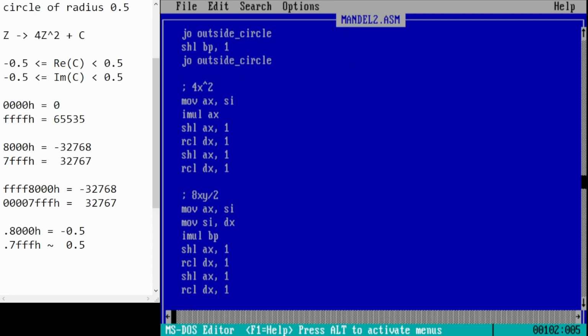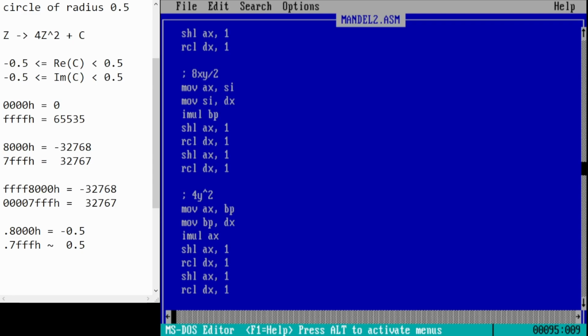And of course down below I do the same thing for 4 times the imaginary part squared, which the multiplication formula calls for. And the difference of those two values that I just computed there will give me the new real part of 4z squared. To get the imaginary part of 4z squared, I need to compute 8 times the real part times the imaginary part. So I do that in between just so the values don't get messed up in the wrong order.